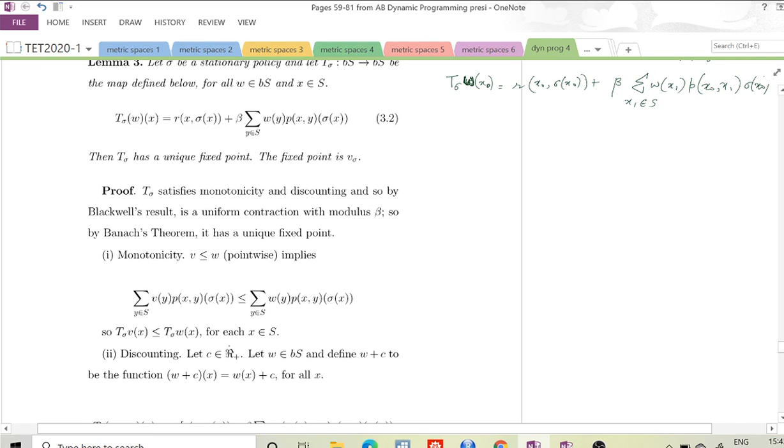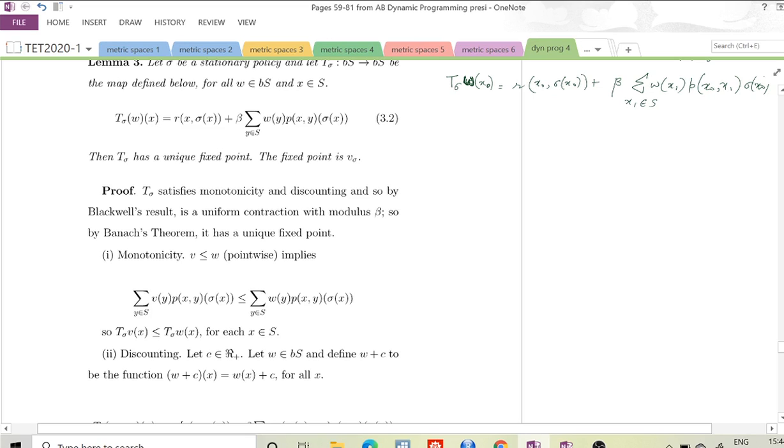T sigma also satisfies discounting, and you can check that. So when you look at Blackwell's theorem and its proof, we have used real numbers, we've used the symbol A, but here we're using the symbol lowercase a for actions.